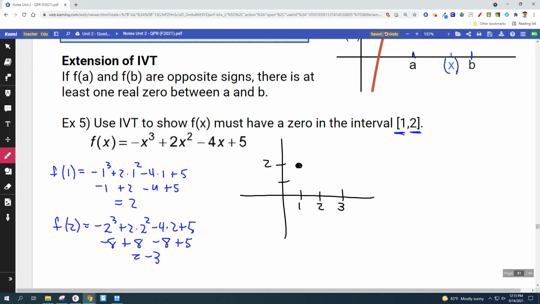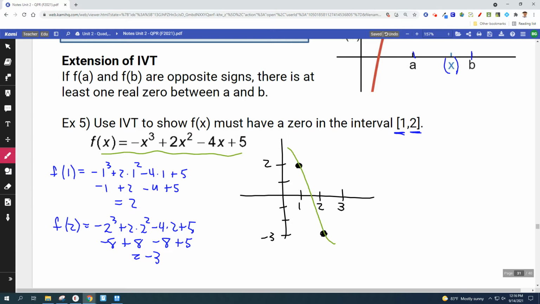If you plug in 2, you're going to get negative 3. So I don't know what this function does. I don't really care, other than I know that f of x is a continuous function. So whatever happens, you've got some line, some curve that goes between those 2 points.